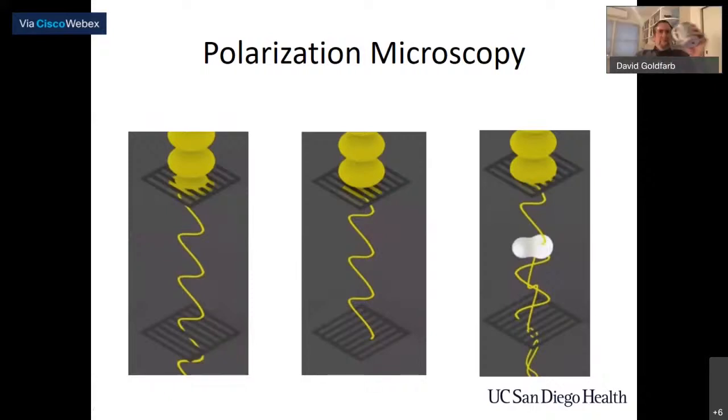Polarization microscopy. Well, what is that? You're probably familiar with this because if you have a nice pair of sunglasses that are polarized, so to speak, they're lined so that they only permit a certain angle of light to come through, as you can see here on the left. If there's a light source going through a polarized frame, only certain aspects of the light are coming through.